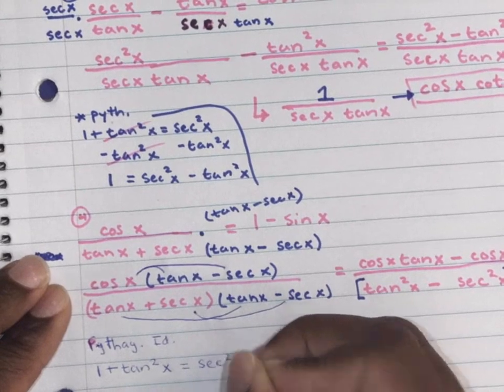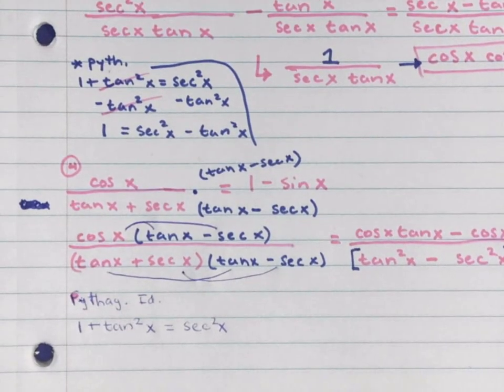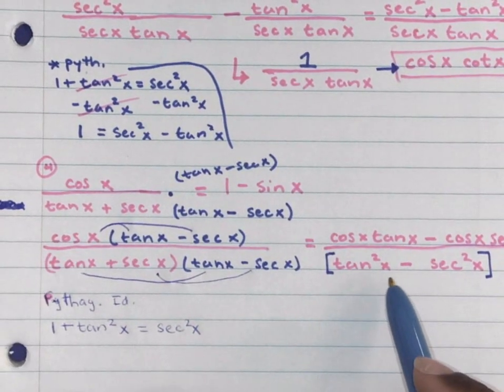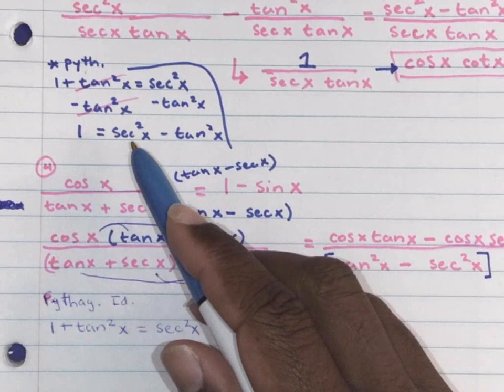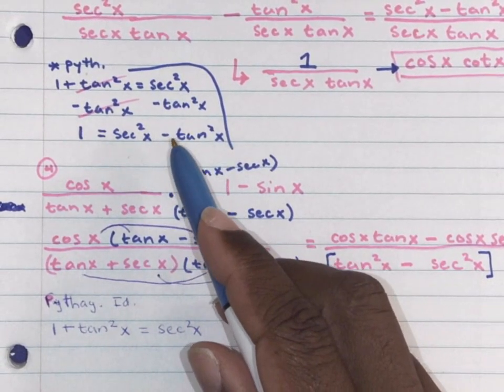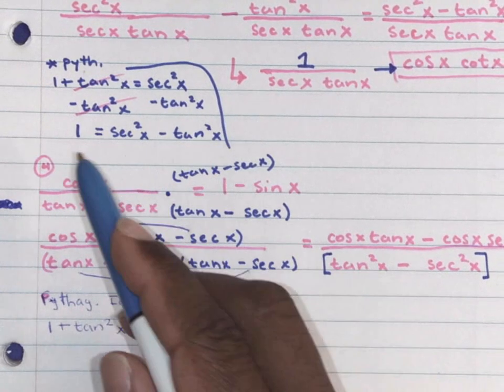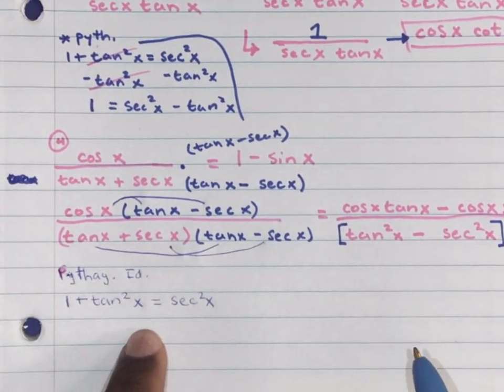All right, so this is the identity that we start with. What we want to do is make it look like this one right here. So it's slightly different because the last time we had secant being positive and tangent being negative. Really long story short, if we change all of the signs, this will come out to be -1. I'll come back to the start and show you how we're going to get that.